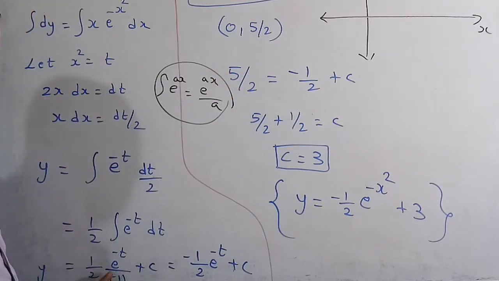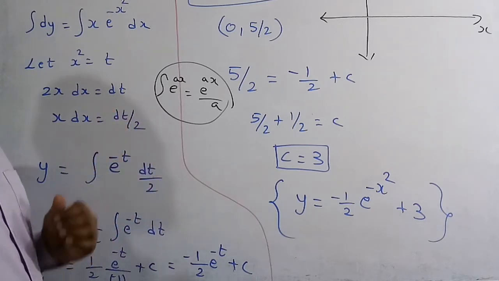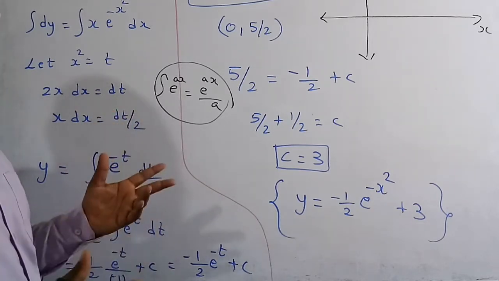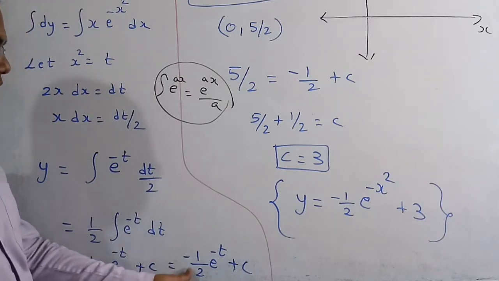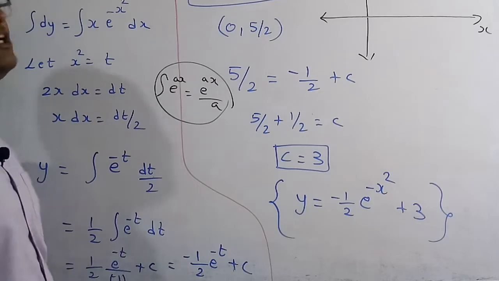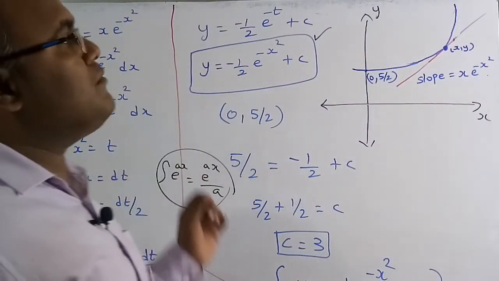So finally 1 by 2 into e to the power of minus t by minus 1 plus c, because integration gives a general form of the equation, a family of curves, so we have to include the constant c. Taking the minus upfront, we get y is equal to minus 1 by 2 into e to the power of minus t plus c.